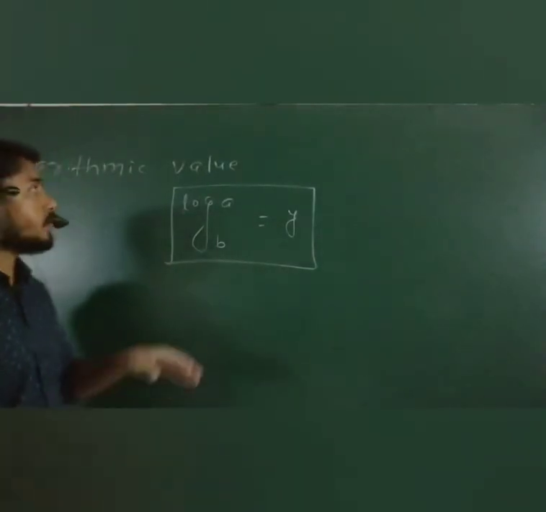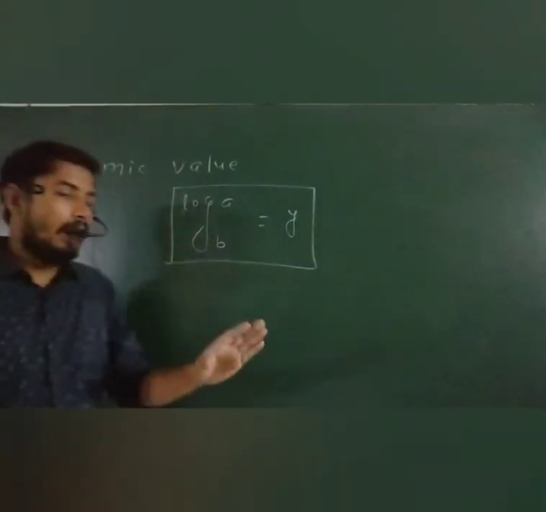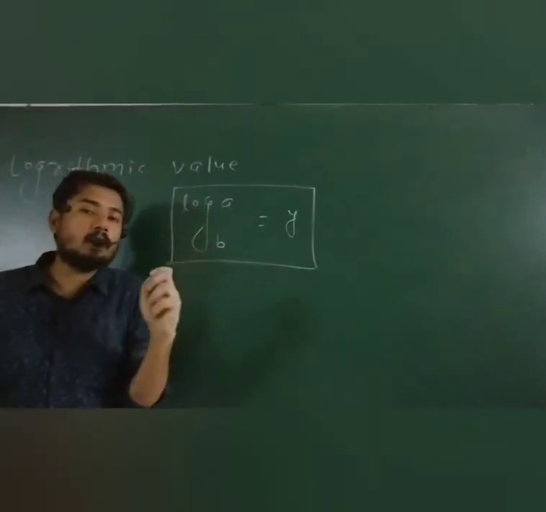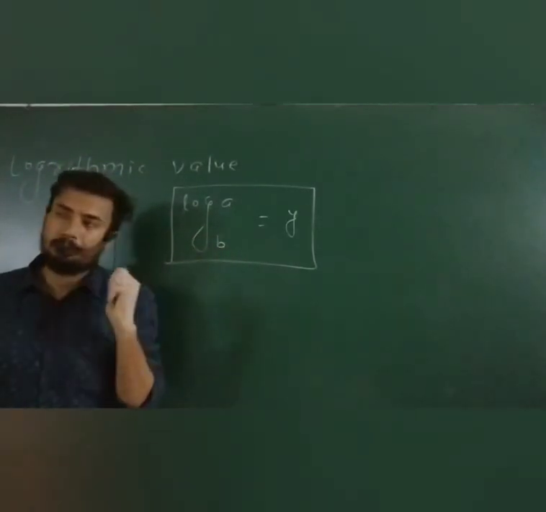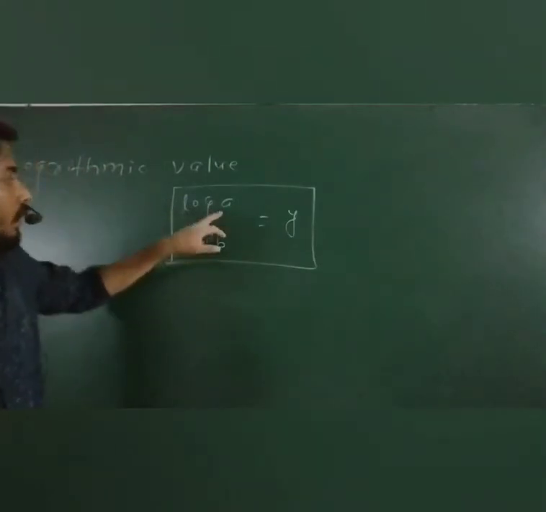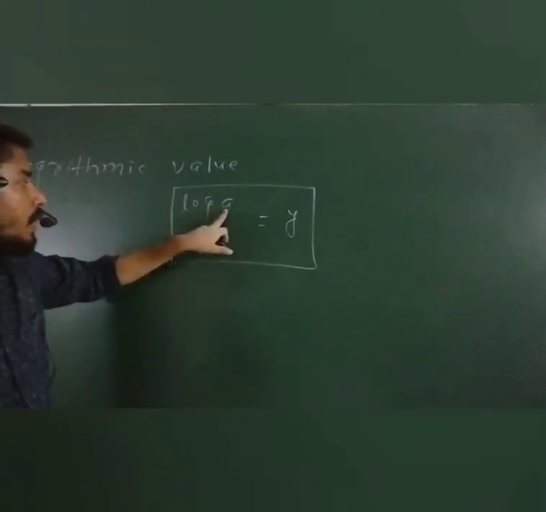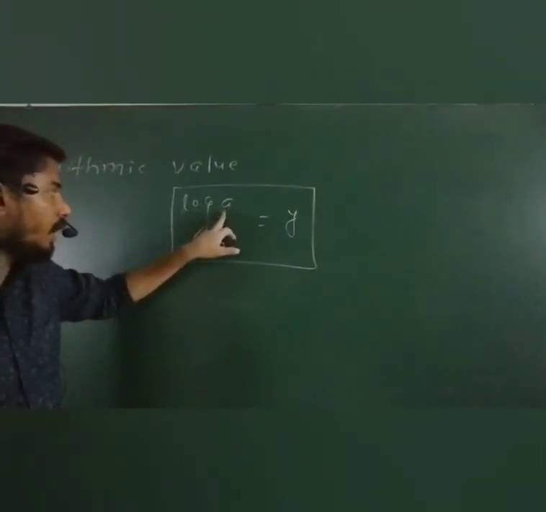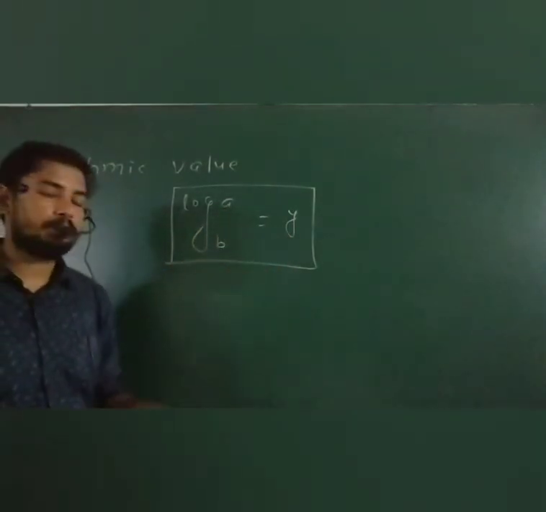So see, logarithmic value. Again I am telling you, this is a very important concept: how to calculate the value of log. Suppose that someone wrote log argument A base B is equal to y.